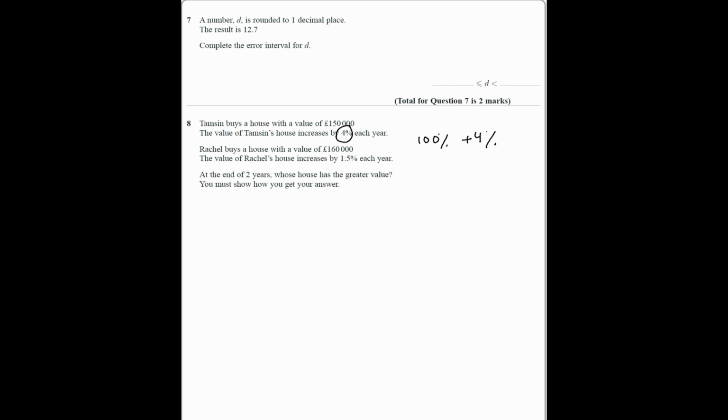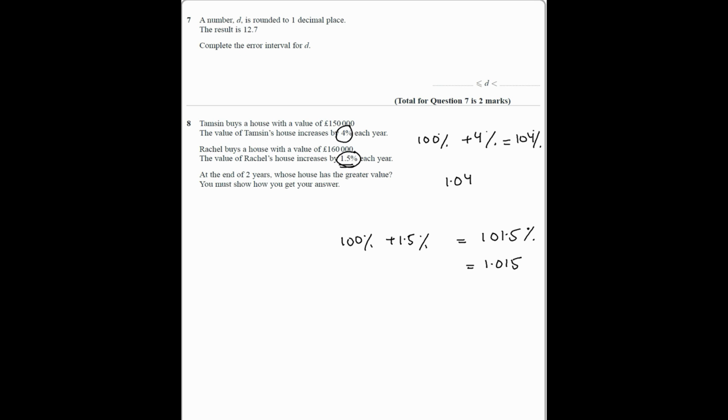So 100% plus 4% is 104%, and 104% is 1.04. Similarly, for Rachel's house, it is 1.5% each year. 100% is the original amount plus 1.5%, so that is 101.5%, which means 1.015. If you divide by 100, the decimal shifts 2 digits to the left, so it becomes 1.015.